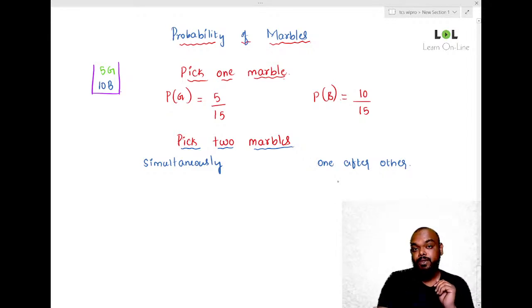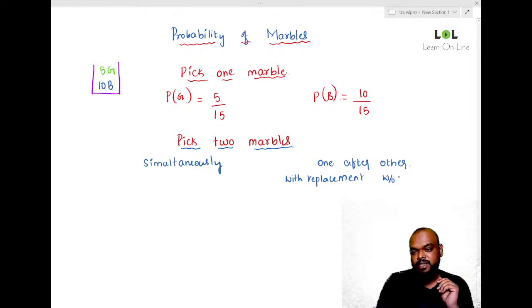Once again, when you are picking marbles one after the other, there are 2 cases inside. What are they? They are with replacement and without replacement.